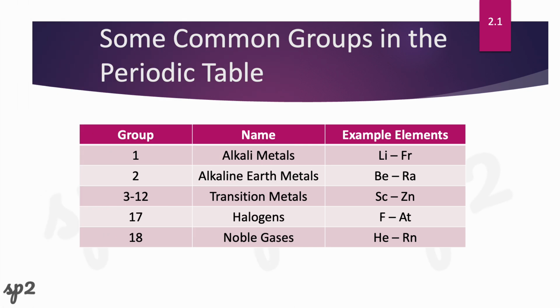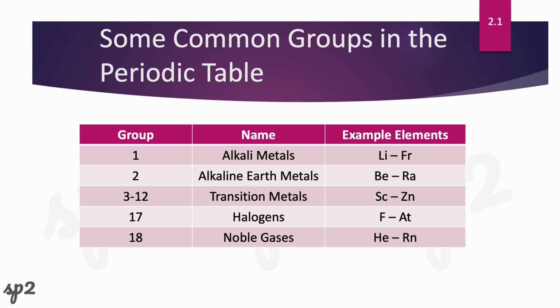Okay, so what I have here is a table presenting some of these common groups with their names in the periodic table. For example, we have the very first column, which is known as alkali metals, from lithium to francium. The second group is known as alkaline earth metals, from beryllium to radium. The whole block in the middle, from group 3 to 12, is known as your transition metals, for example, from scandium to zinc.